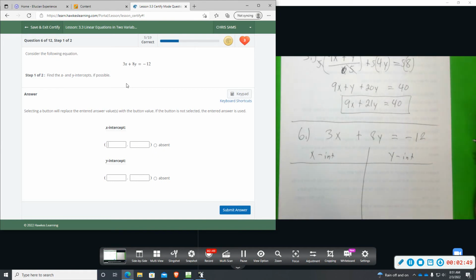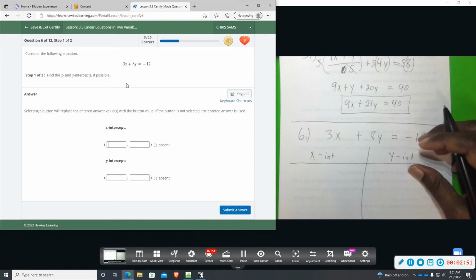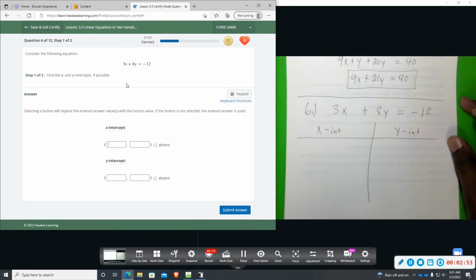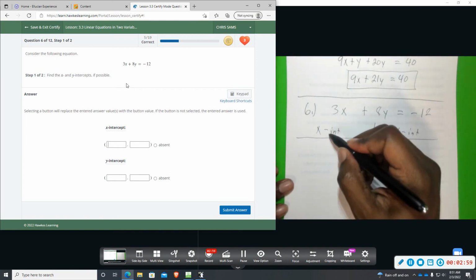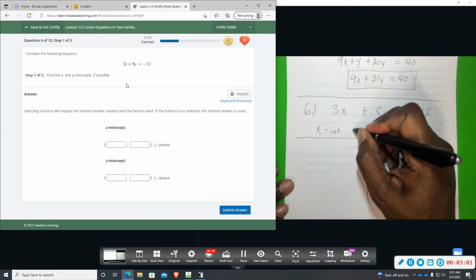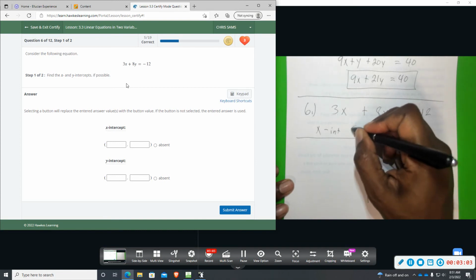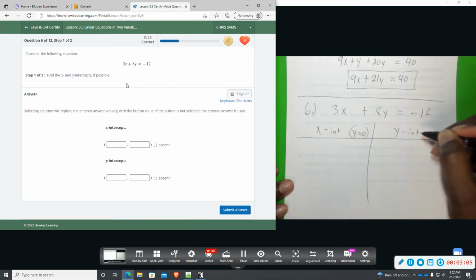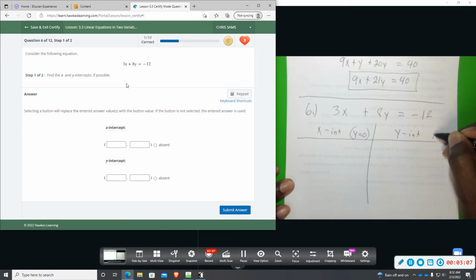I'm going to show the full process at least once, and then I'm going to try to simplify it later on. For the x-intercept, you have to remember the opposite one is 0: y equals 0. When you do the y-intercept, that means x equals 0. So the opposite one is going to be 0.